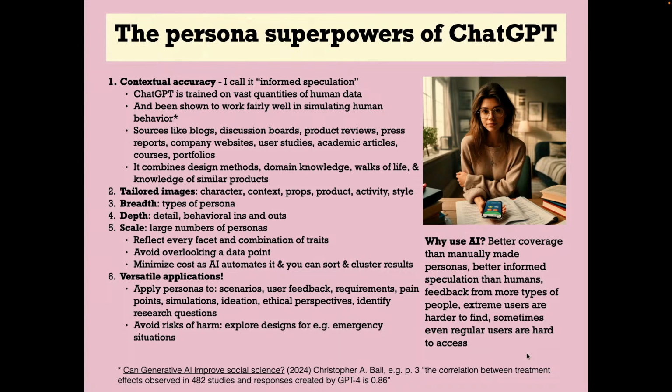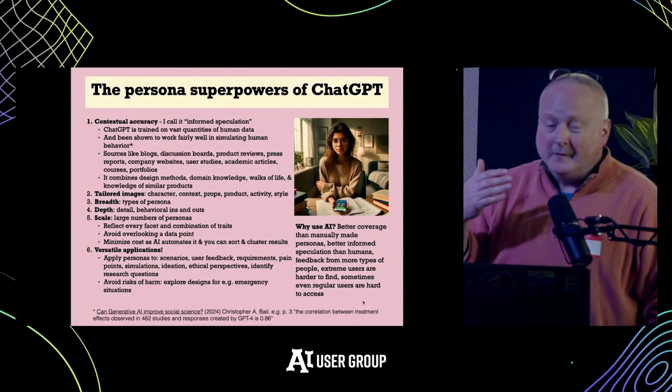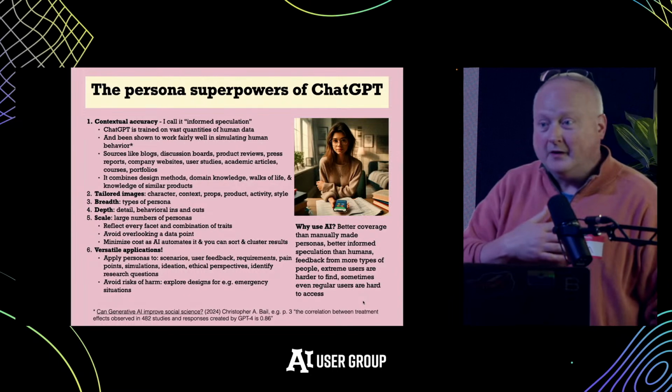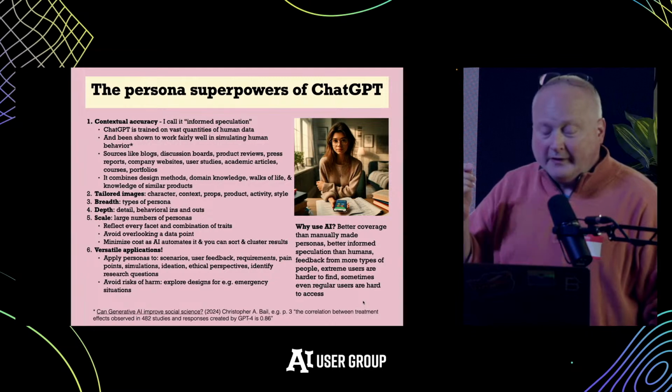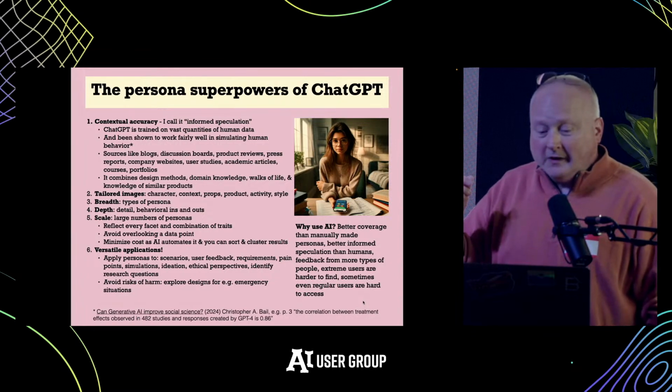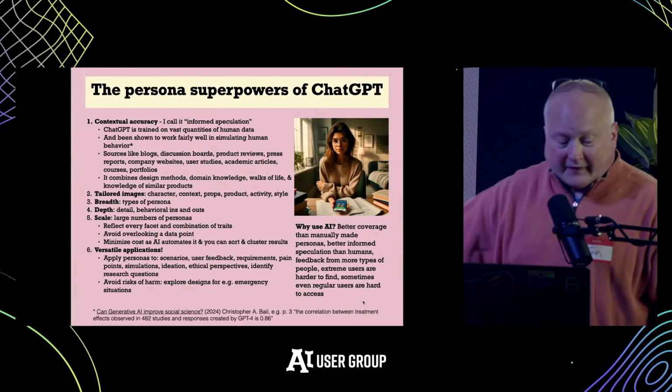The answer is, it's actually really good. It's not perfect, but it's much better, in my view, than a human would normally do at making these up. I'll explain why here. But it's also almost as good as doing the user research directly. So I put a little citation here at the bottom.